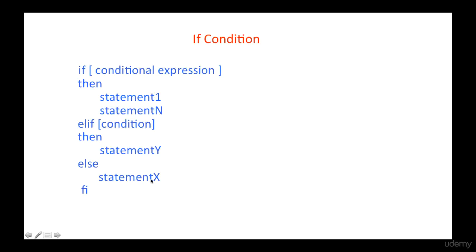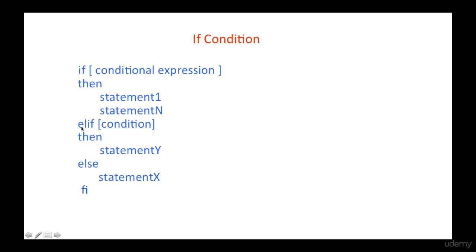And this is a more generic form which has all the things. So the if statement will evaluate expressions, and if it is true then it will execute statements 1, 2, 3, up to n. If this expression is false, it will not go here, it will jump to the else condition.